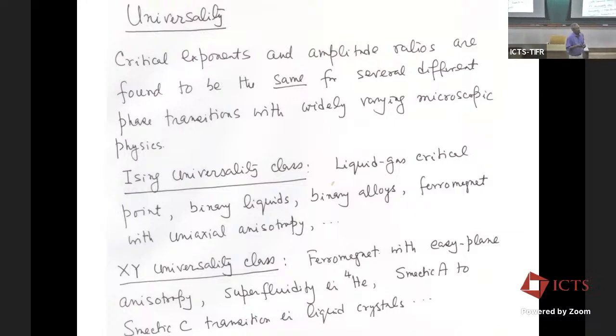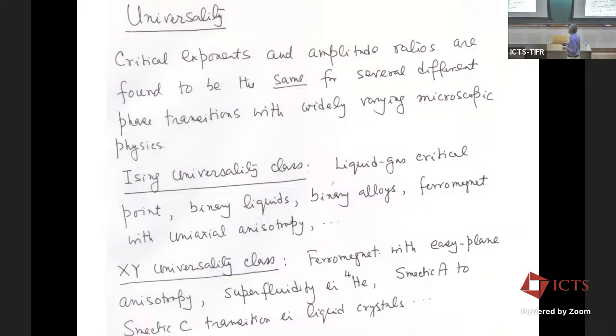But as far as the critical behavior is concerned, one finds that the critical behavior expressed in terms of these critical exponents turns out to be the same in both systems. So there are these large groups of physical systems which exhibit the same critical behavior. By that I mean that the values of these exponents turn out to be the same in all these systems.